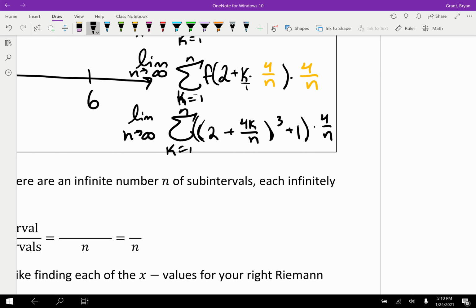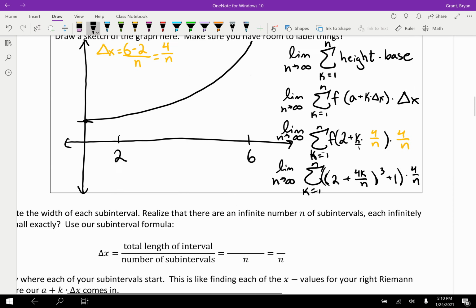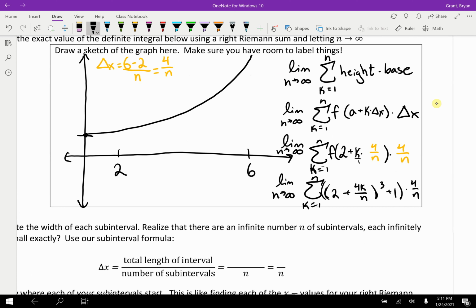Now I'm going to re-summarize this so that we have a nice handy-dandy way to take notes, but I think it helps to look up here and understand that a plus k delta x. What that really means is after 2, my next subinterval here is going to be 2 plus 4 over n, right? If delta x was like 1/2, this would be 2 plus a half, we'd be at 2.5. My next one over here would be start at 2 again, add one of those 4 over n's, but that just brings me right here.